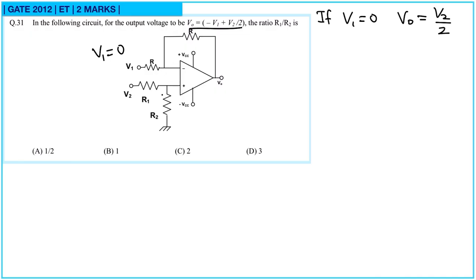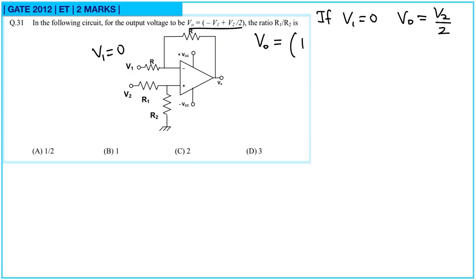Now let us check what will be VO from this circuit. Input is given to both V1 and V2, and this is a circuit in which feedback is also given.